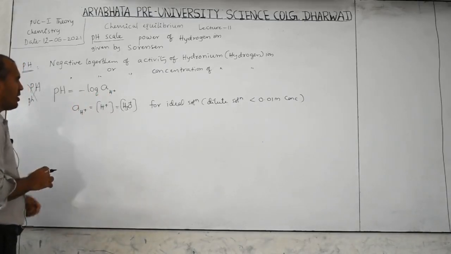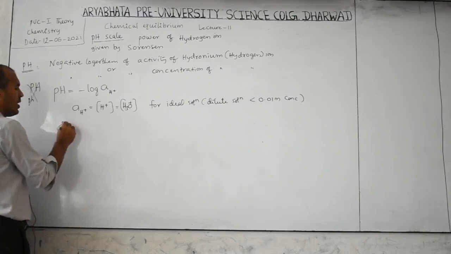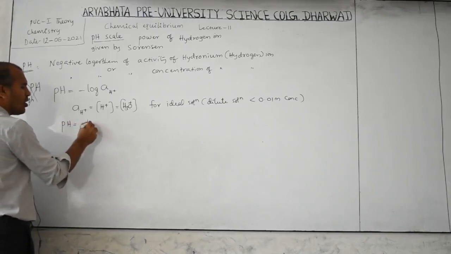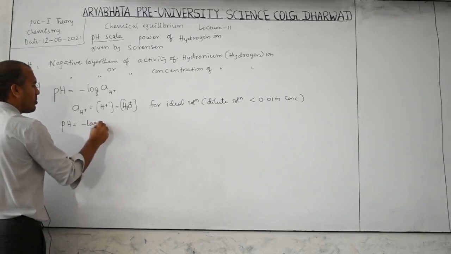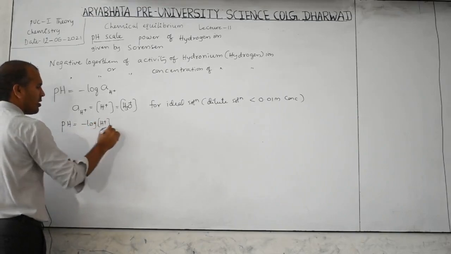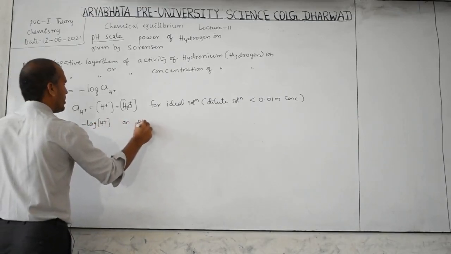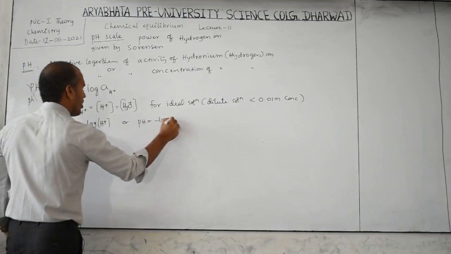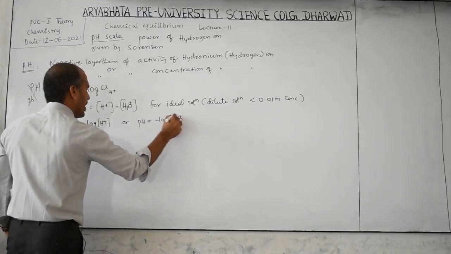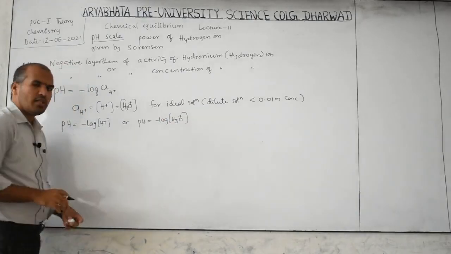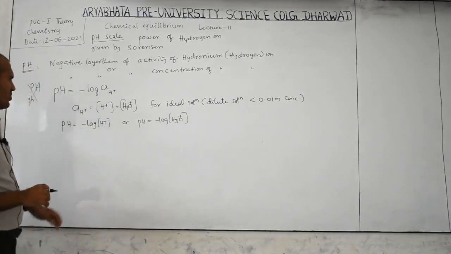Therefore pH is equal to the negative logarithm of H plus ion concentration, or of H3O plus ion concentration. This we know now.